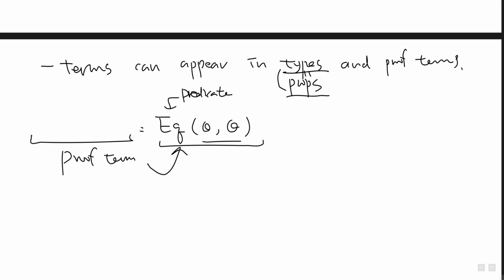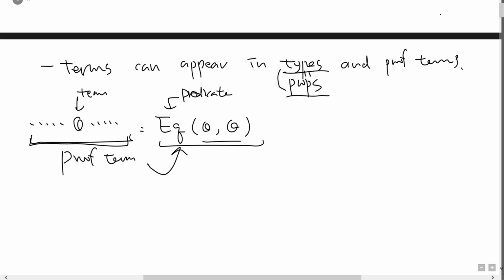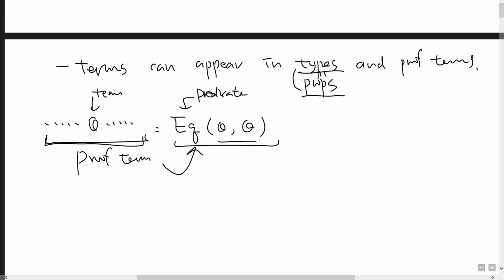And intuitively, this proof term should contain the term 0 somewhere, because this proof term is a representation of a proof that 0 is equal to itself. So this proof term describes a property of a particular term 0.